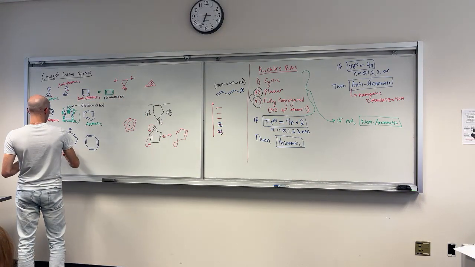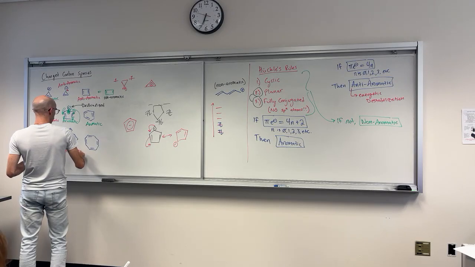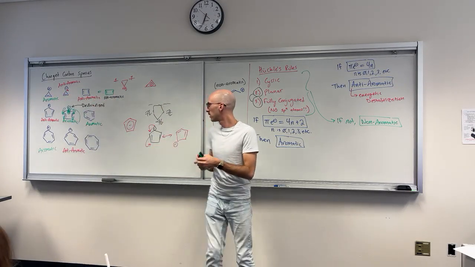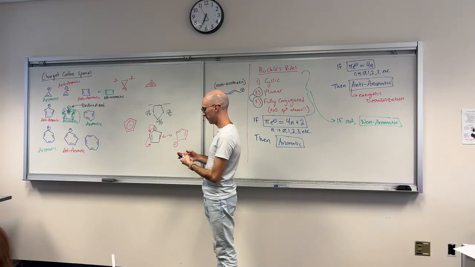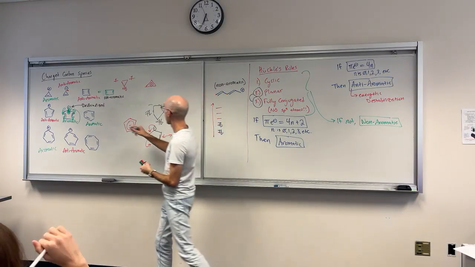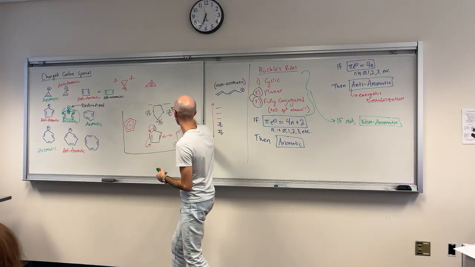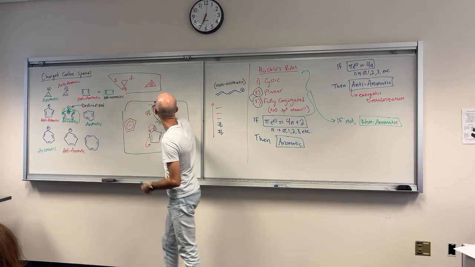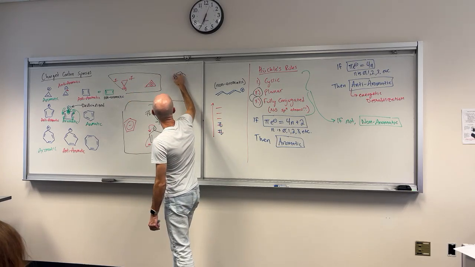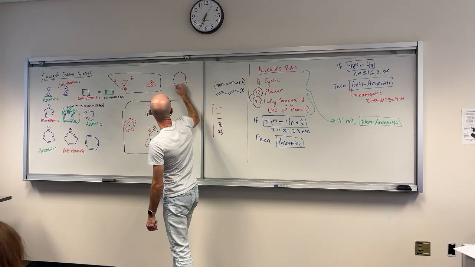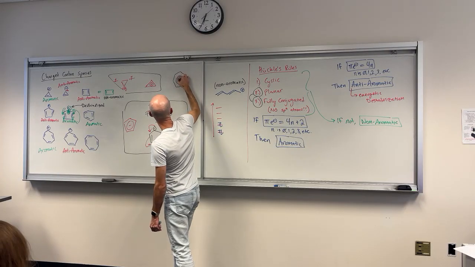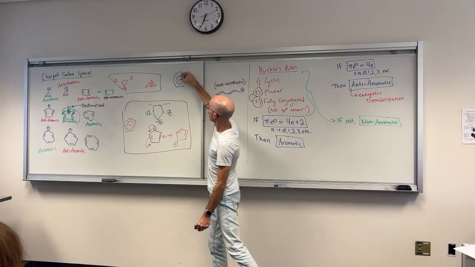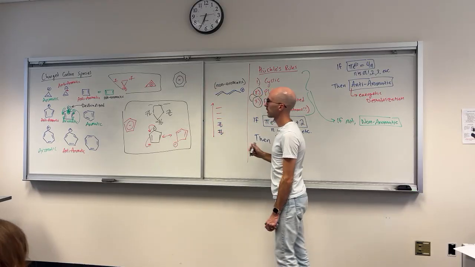That's a good question. If we follow the rules and assume that this is fully conjugated, I'm going to box some of this off. In the same way that we've been drawing these other ones, we can show this for the anion, or like this for the cation.